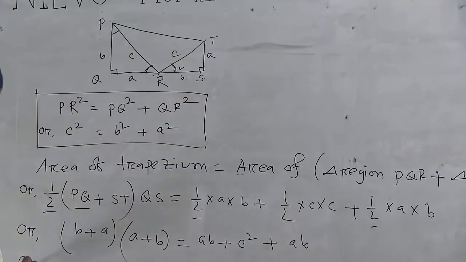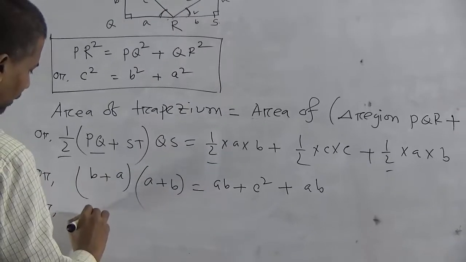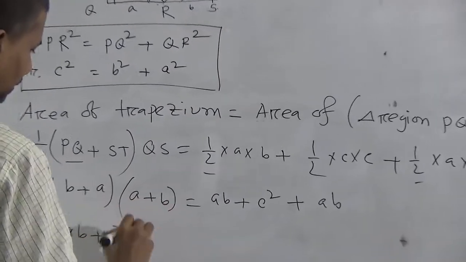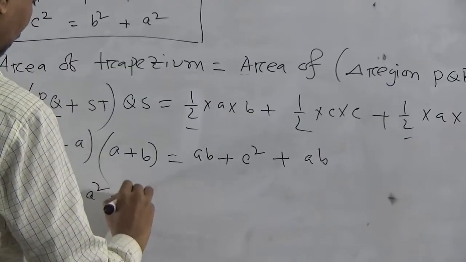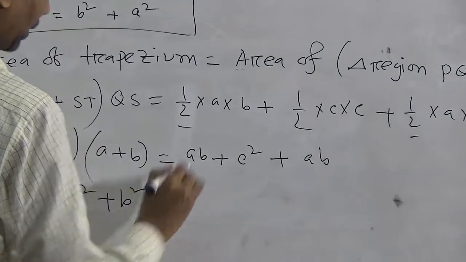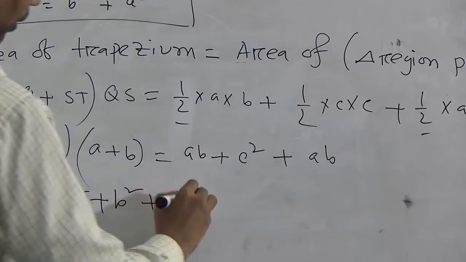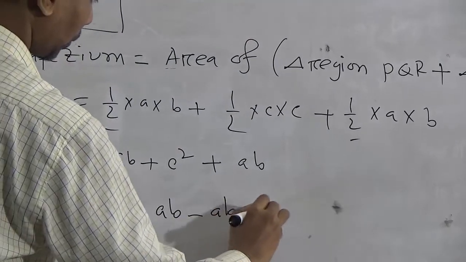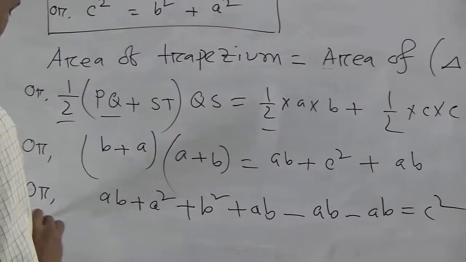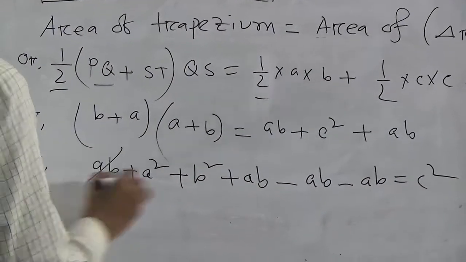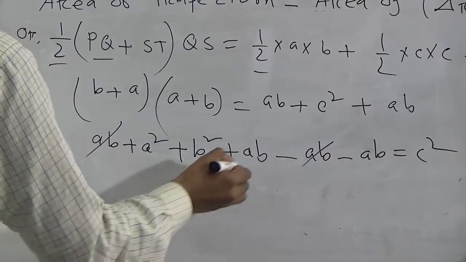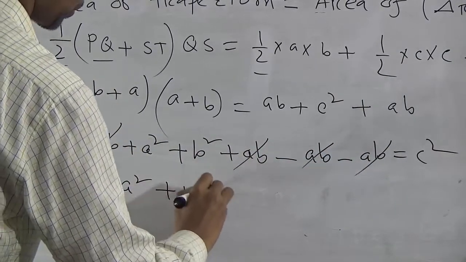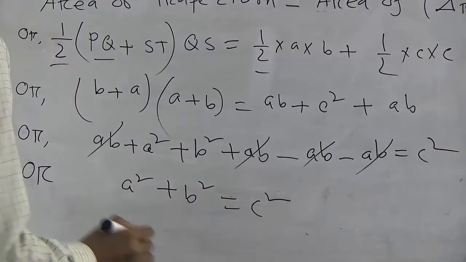Or multiply now, B into A, AB plus A square plus B square plus AB. Now using transposition law, plus AB, that means equal to C square, or AB reduced, AB and AB reduced, then A square plus B square equal to C square.